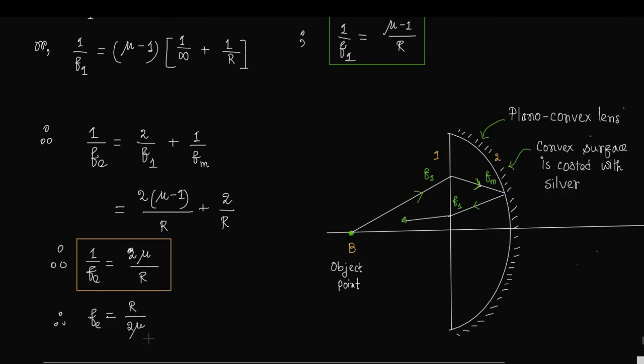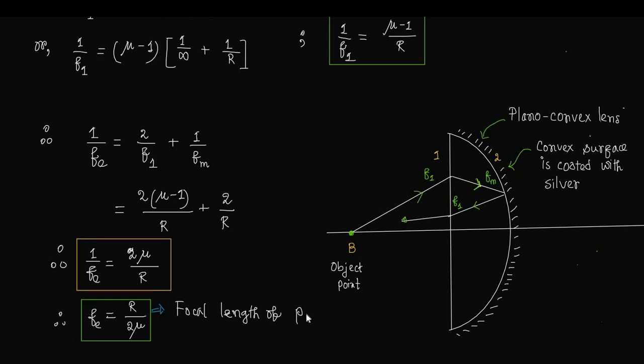We get fe is equal to R divided by 2 mu, which is the equivalent focal length of the plano-convex lens with its convex surface coated with silver.